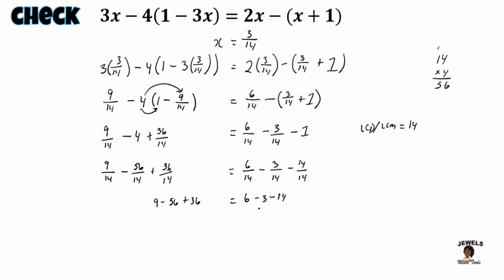That's what this equal sign means, that whatever we have on the left is equal to whatever is on the right. So that means that when we finish solving everything, they need to be equal to the same number or the same answer on both sides of our equation. And once it does that, that means that our answer x is equal to 3/14 is indeed our correct answer.